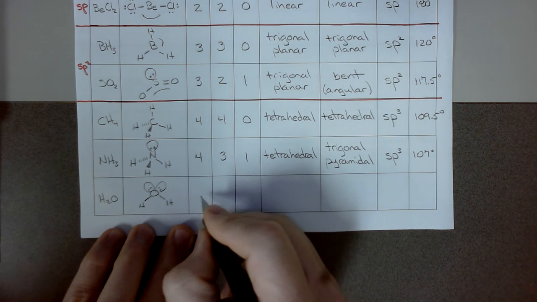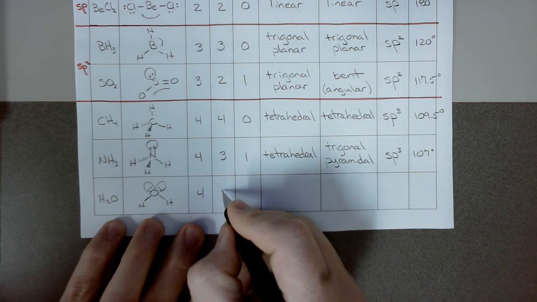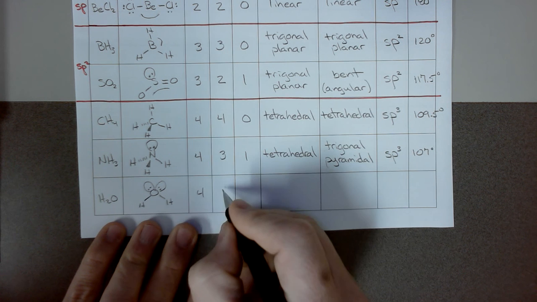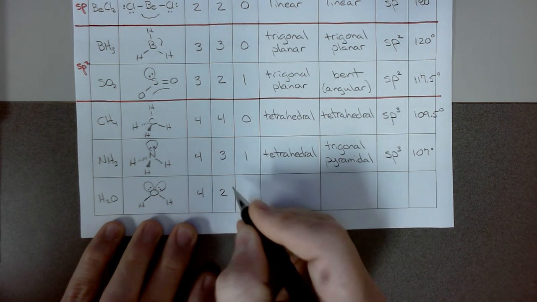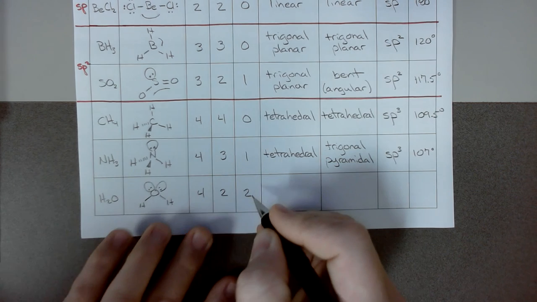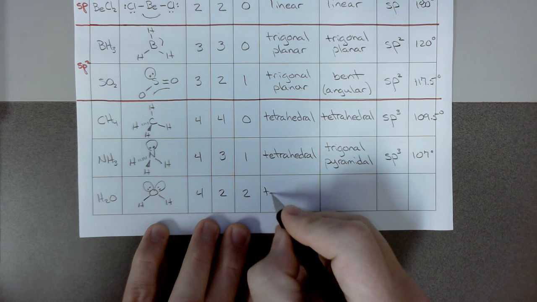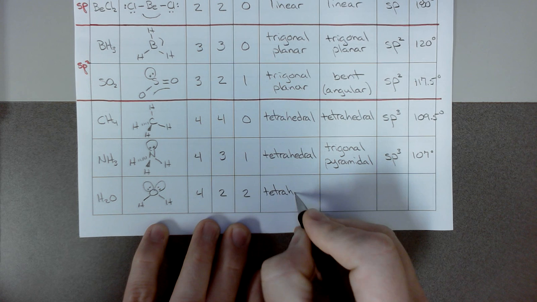We have 4 electron domains, 1, 2, 3, 4. We have 2 bonding domains, and we have 2 lone pairs. Now because we still have 4 electron domains, the electron geometry is tetrahedral.